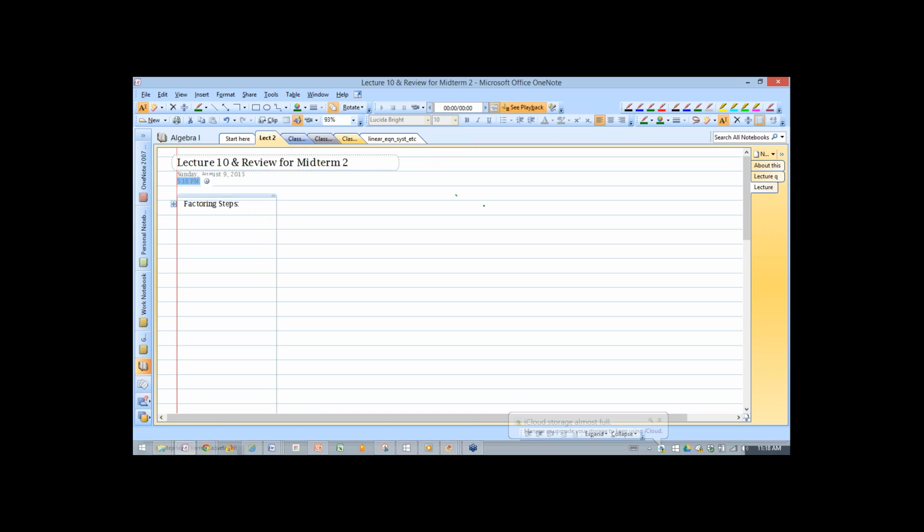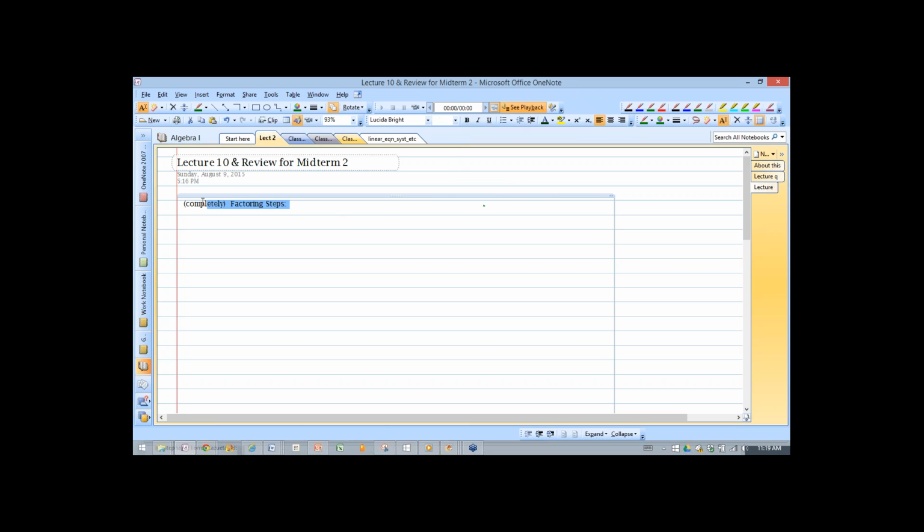A lot of times you read the directions and they'll say completely factor this polynomial, and I should put the word completely in the front of that to make that point.